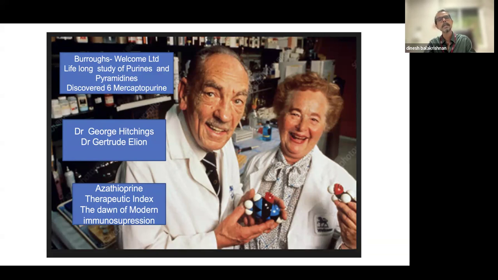Why azathioprine? Because they realized that the therapeutic index of azathioprine was the safest. But again, the dose, the amount required, all this was not very clear. The discovery of azathioprine is probably the dawn of modern immunosuppression.